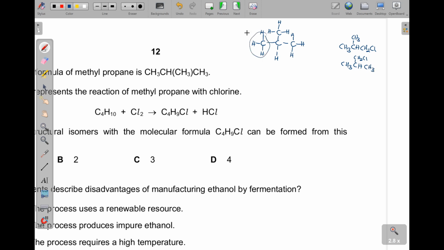Any of the hydrogens here can be substituted, so we can have CH2Cl, then CH, CH3, and a methyl group. Also this one can be substituted, and we have CH3, C, Cl, CH3, CH3.